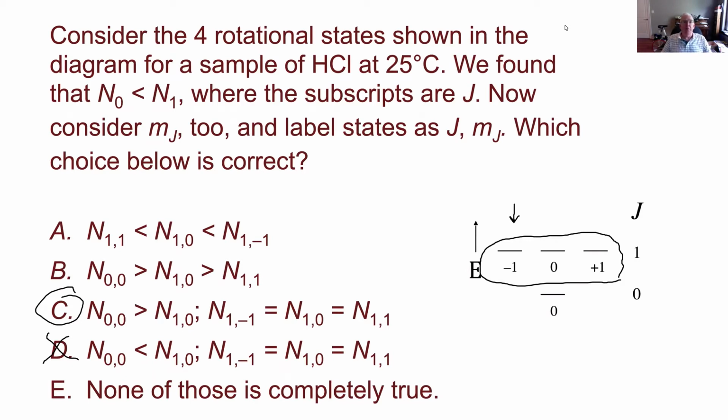Remember at the end of the previous video we calculated that the total population in J equals 1 was larger than the total population in J equals 0, but that's because the population in J equals 1 is spread across those 3 states. So it's the degeneracy that makes it the more populated energy level.